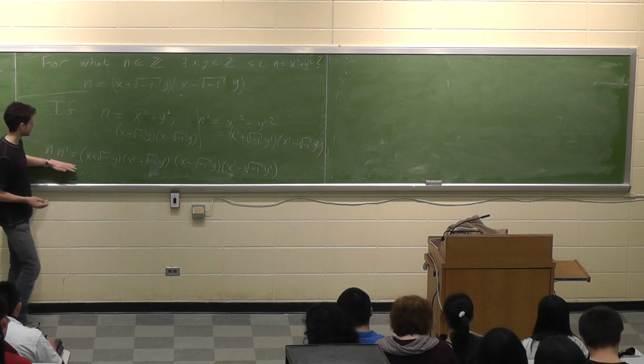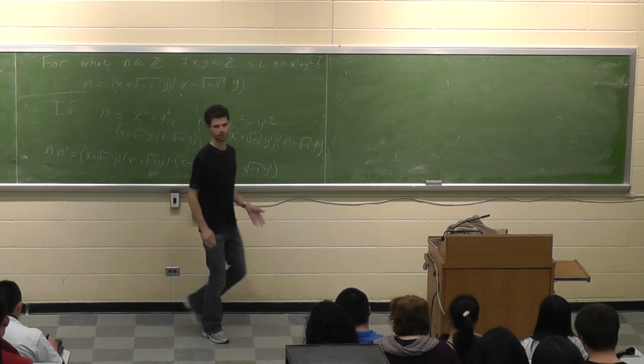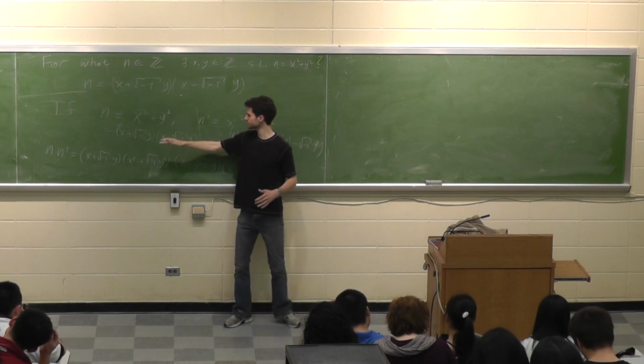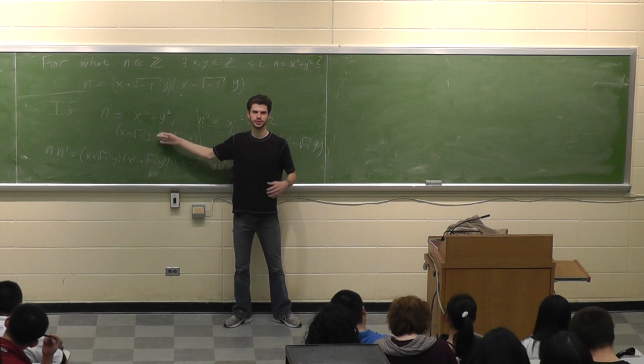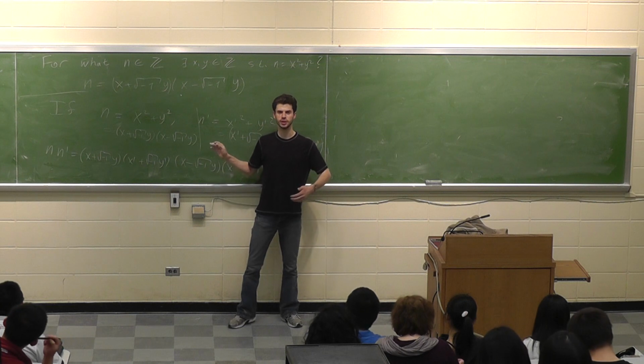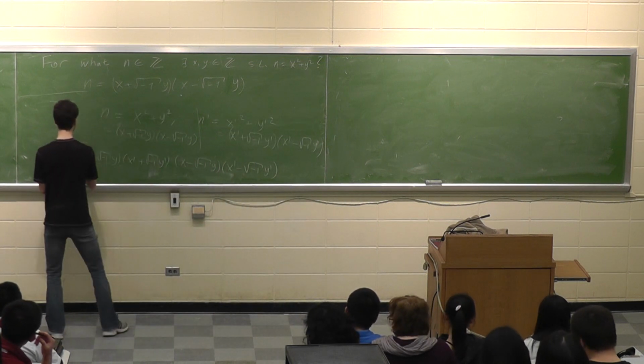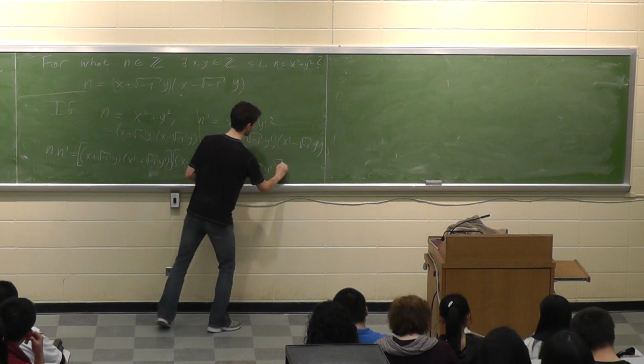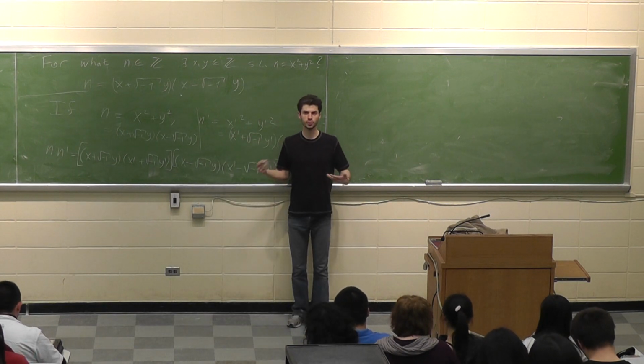Well, once again, it doesn't seem that this is of the form that we want: something plus square root of minus 1 times something else, and the same thing with minus sign. But we can combine terms here, like this. Let me combine this with this, and this with that, and open brackets.